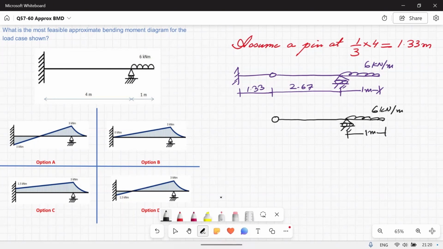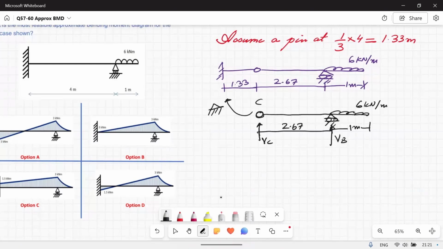This is 1 meter, and again from here to here I have 2.67. The reaction here will be VB, and if I call this point as C, the reaction will be VC. We're treating this point as a pin support. This is internal pin. In that way we will be able to solve the question.